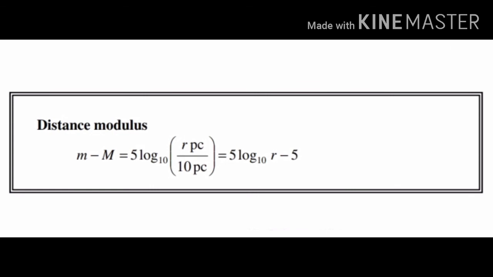So apparent magnitude minus absolute magnitude is 5 times log 10 of the distance of that astronomical object from us in parsecs, minus 5.